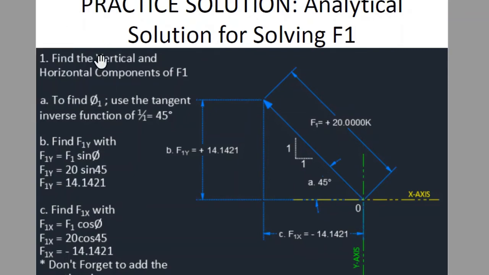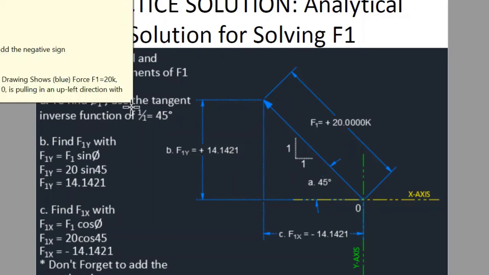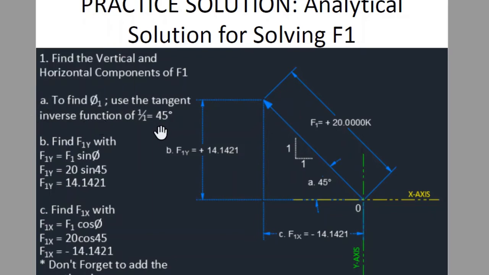To analytically solve for F1, we start by finding theta of force 1. We use the inverse tangent of 1 over 1, the rise and run, which is 45 degrees. Then we move on to finding the F1y component.